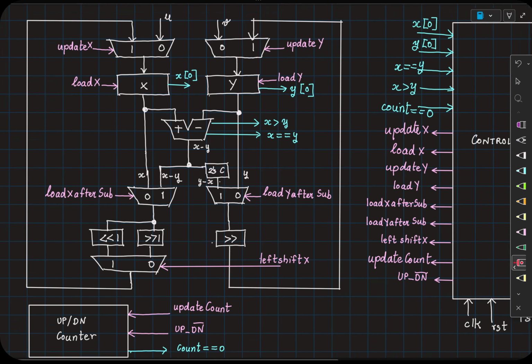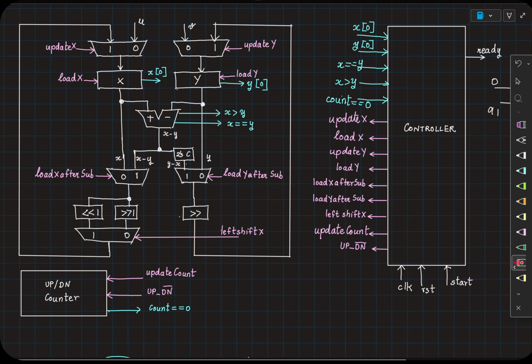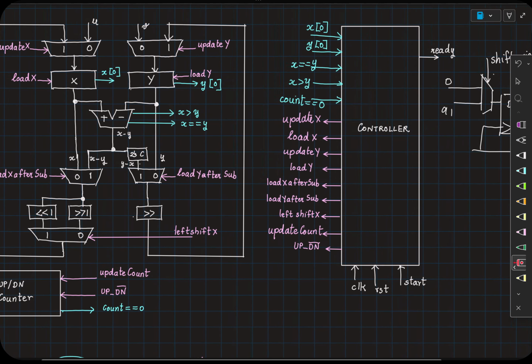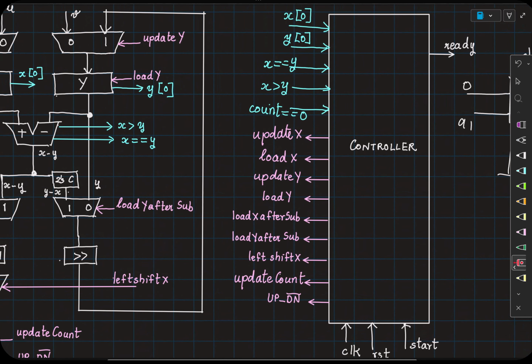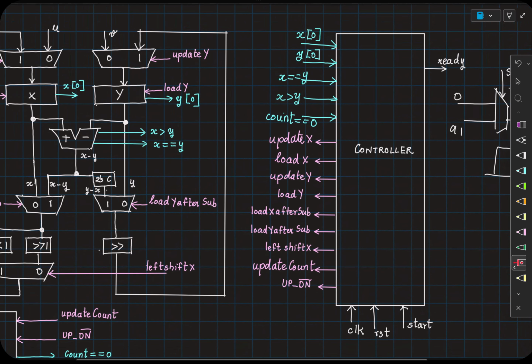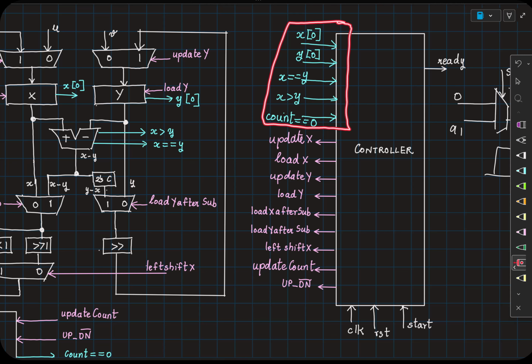Okay, so now that you have the data path ready, we can start thinking about the controller. The controller has common inputs like clock, reset, and start, which are coming from outside your system. It has to generate a signal ready, and these are the other inputs that it is taking from the data path.